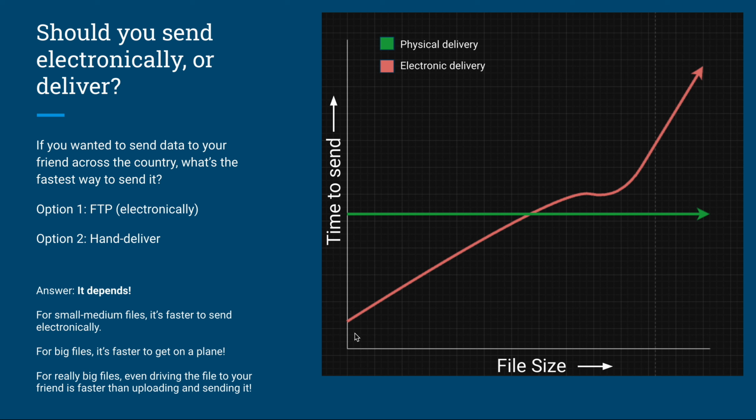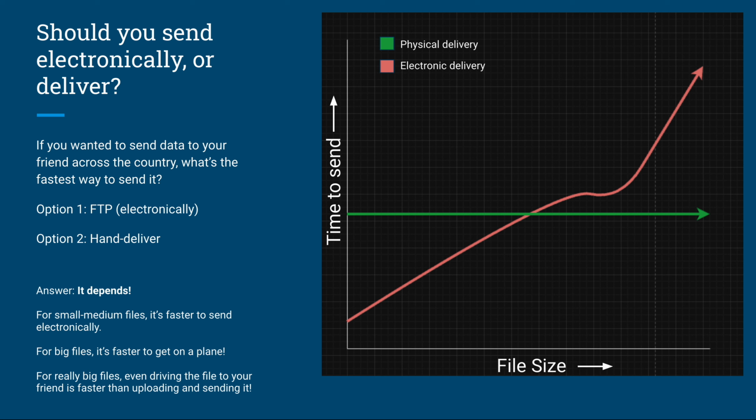So that means that the big O of electronic delivery is, I made this line a little bit, it's probably about linear, right? Or maybe exponential, so curving up like this. But it's some sort of line that's not straight across, right?